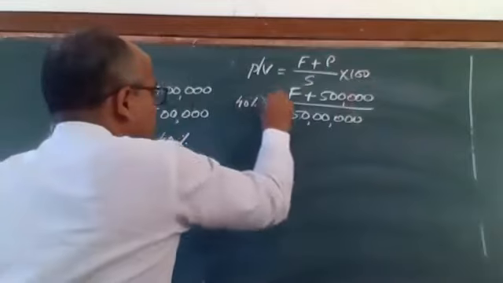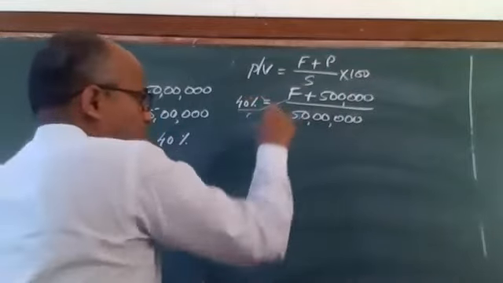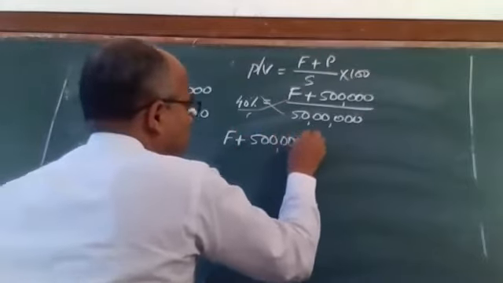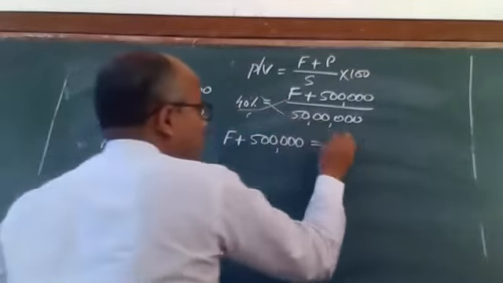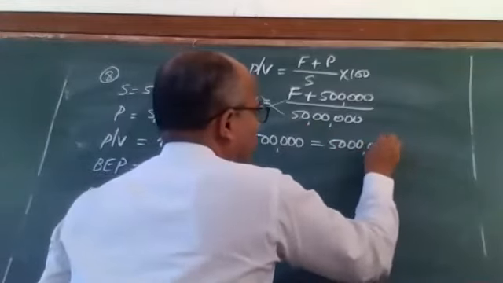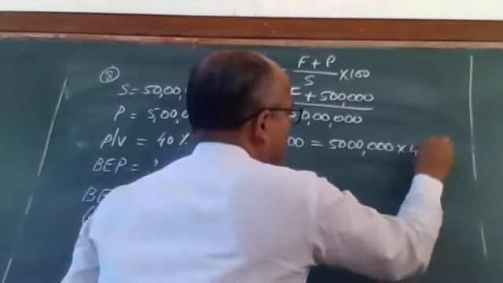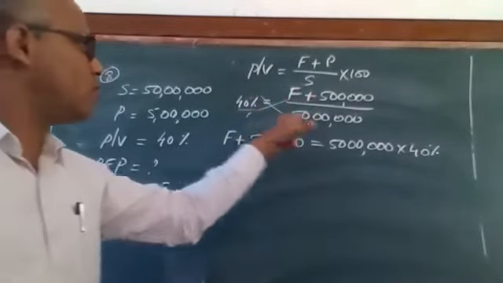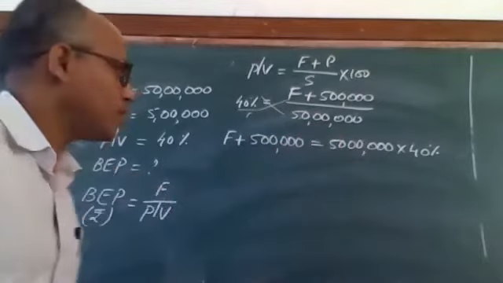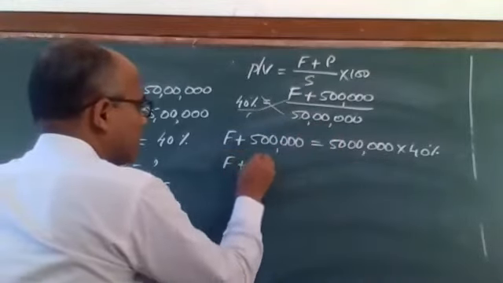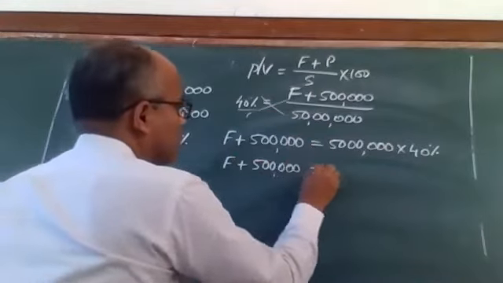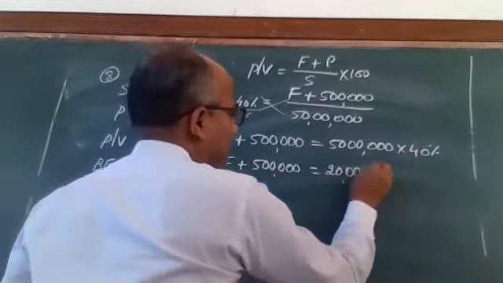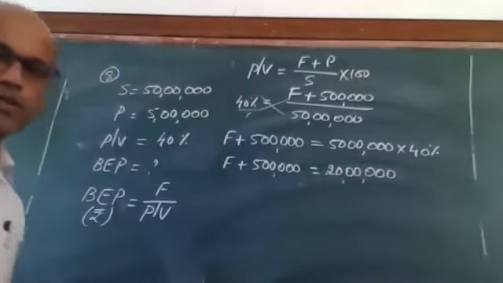So if you do cross multiplication, how much will it come as? F plus 5 lakhs is equal to 50 lakhs into 40%. Correct, guys? Are you following? Yes, sir. So fixed cost plus 5 lakhs on the left hand side is equal to 40% of 50 lakhs, which comes to 20 lakhs.